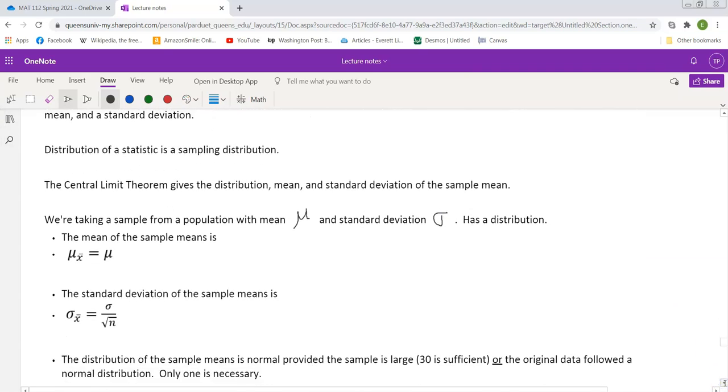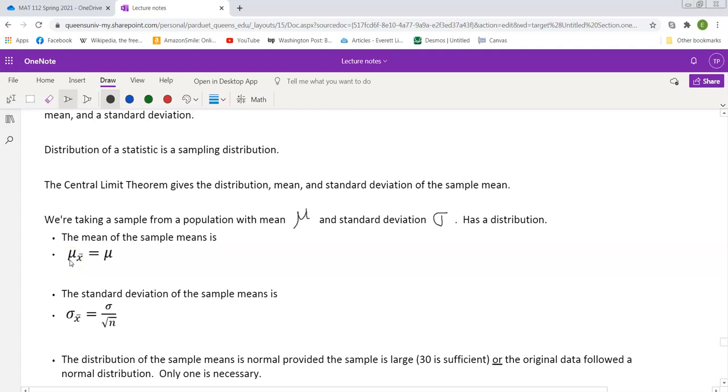So what this tells us is, if I were to take repeated samples from this population, the mean of all of those possible sample means is the population mean. The sample mean should be centered right around the population mean. That shouldn't be surprising. If we take a sample and calculate the mean, that should be pretty close to the population mean.